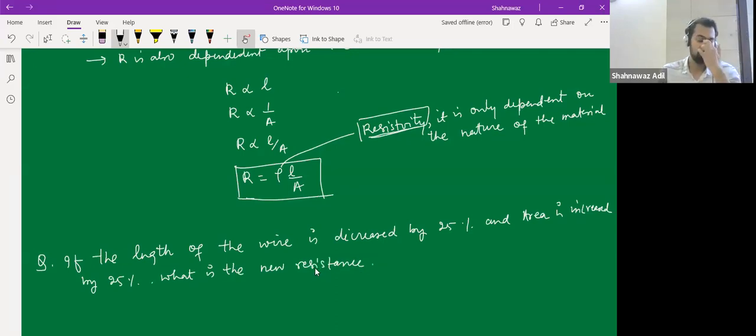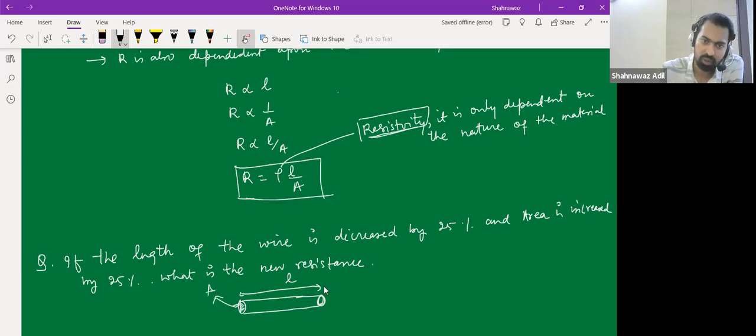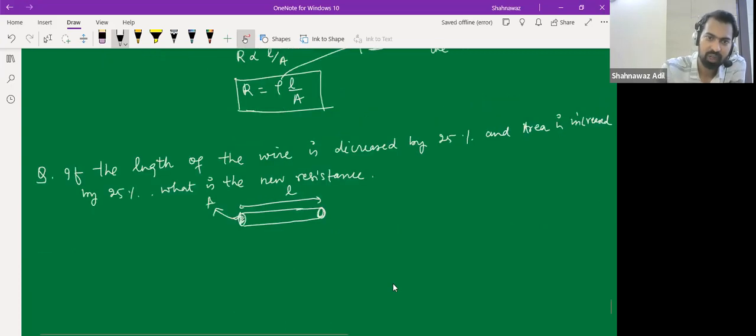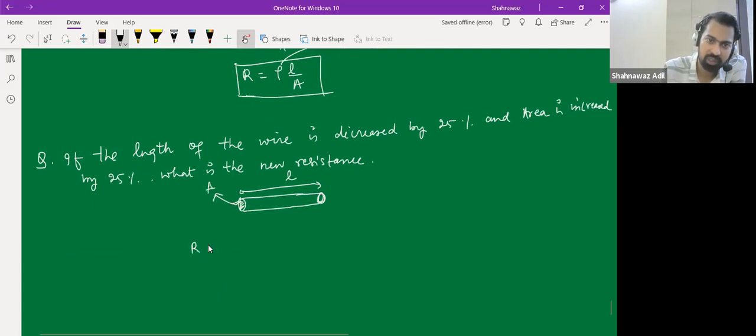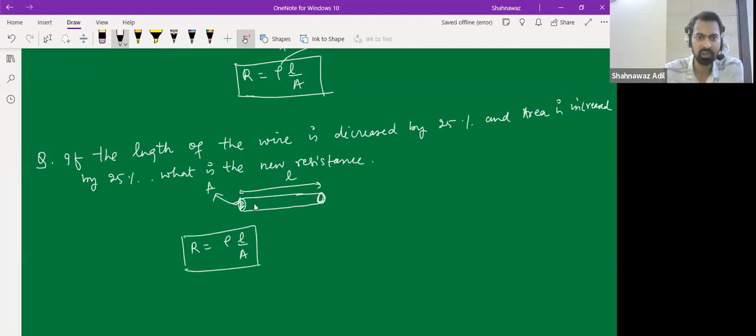Okay, so what do we know? For the previous case, this was the length of the wire and this was the area of the cross section. So R was simply rho L by A, and this is the same material that we are using, right?